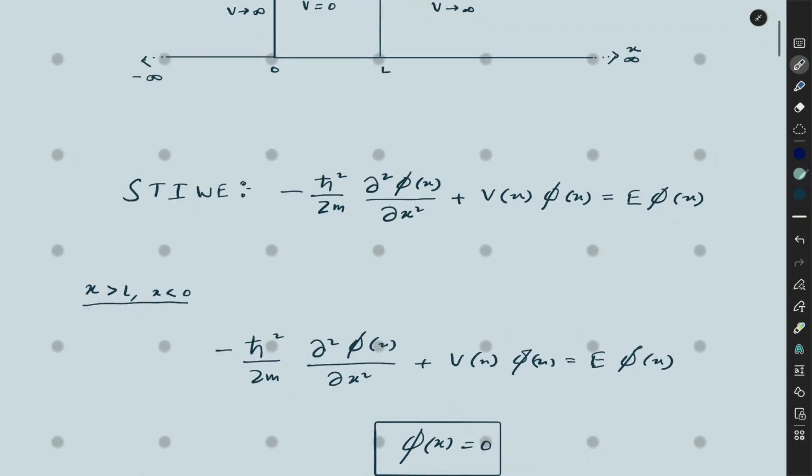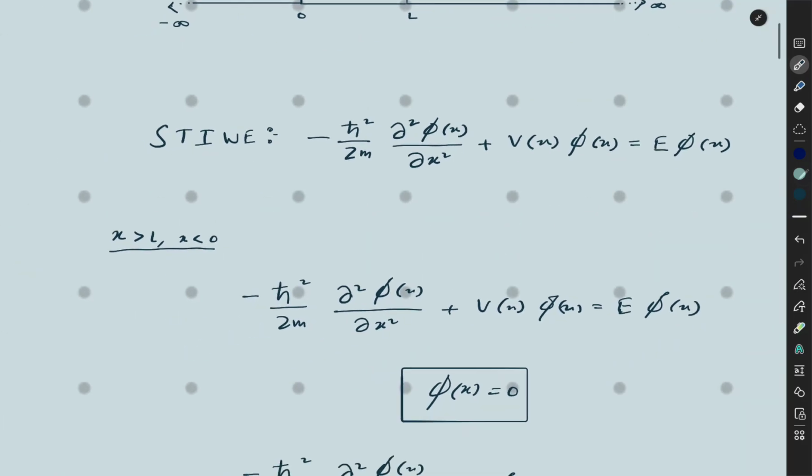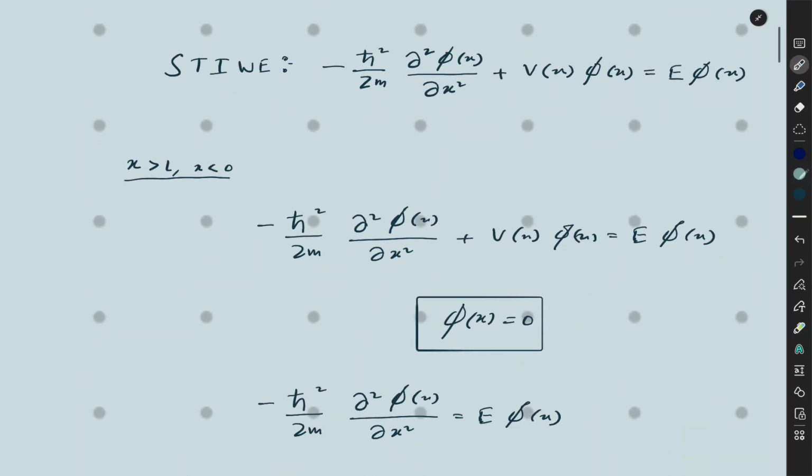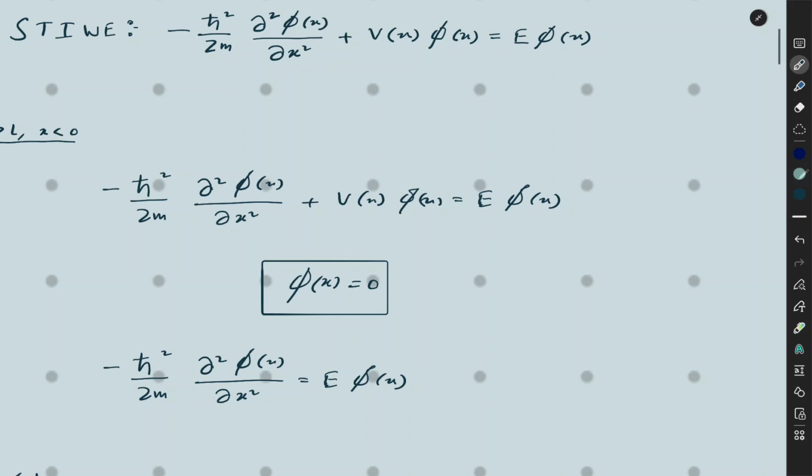This is minus h cut square by 2m del 2 phi x del x2. So we have taken x greater than L and x less than 0. We are seeing that V is becoming infinity, so for this whole term to be finite, phi of x should compulsorily be equal to 0.